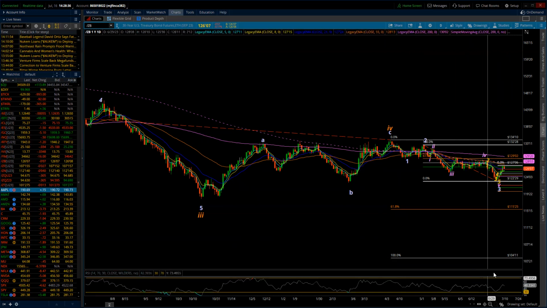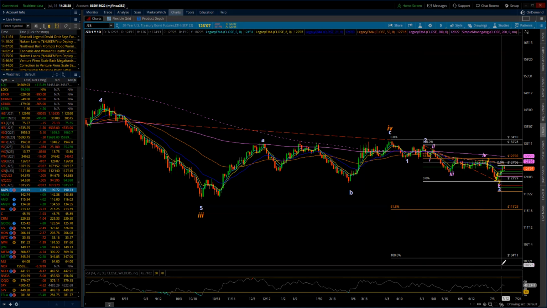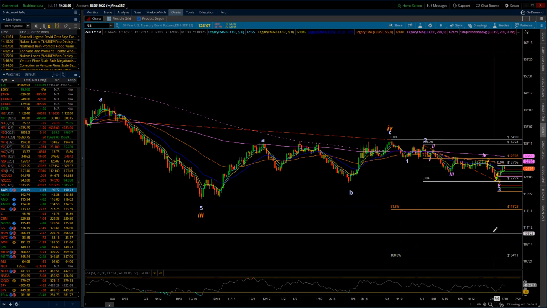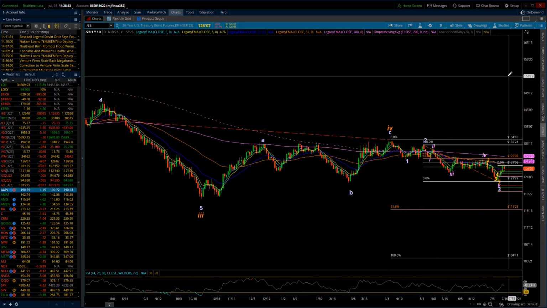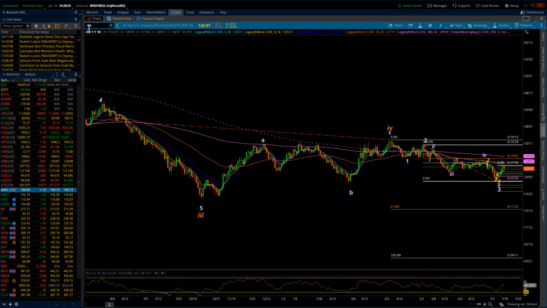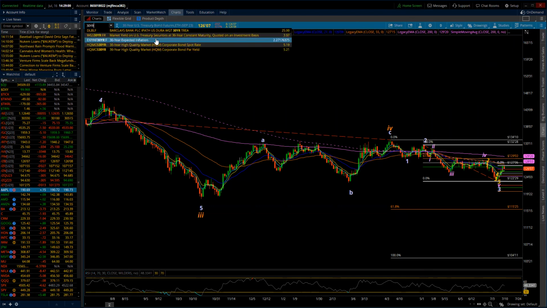Once I get that fifth wave in here in the bond market, I can run fibs to show, well, this is where the intent of this next rally, counter trend or not, is telling us, and then we'll be able to equate rates to that as well. So quick look here at that 30-year.